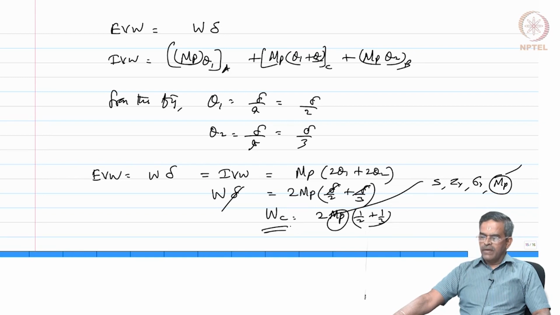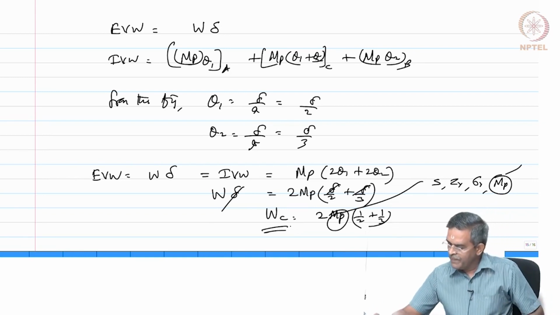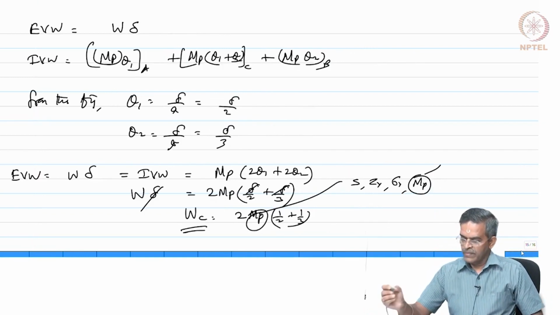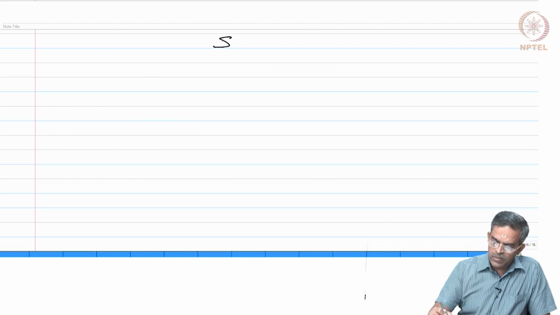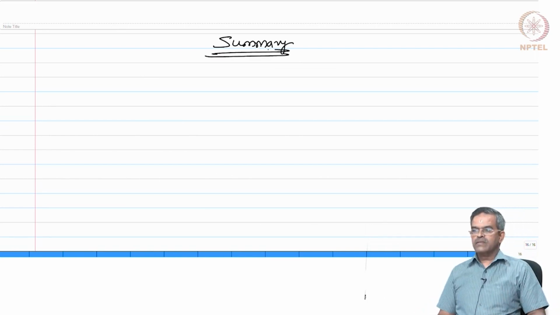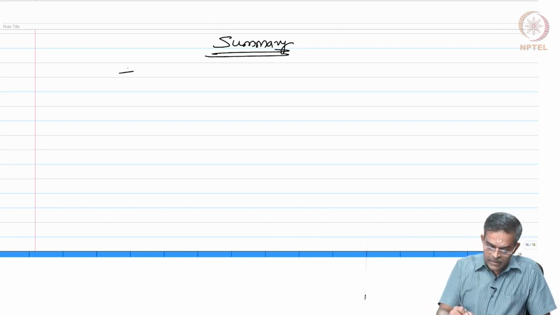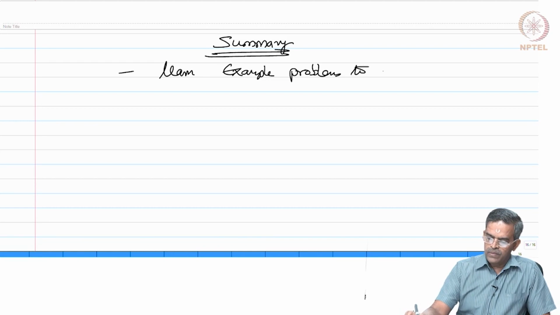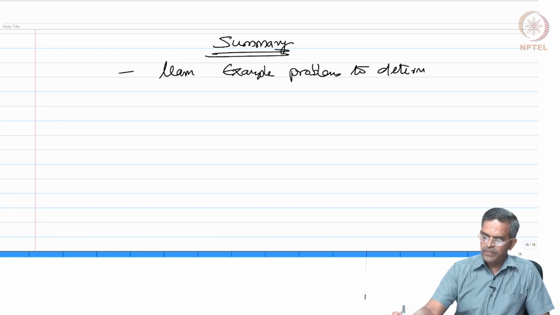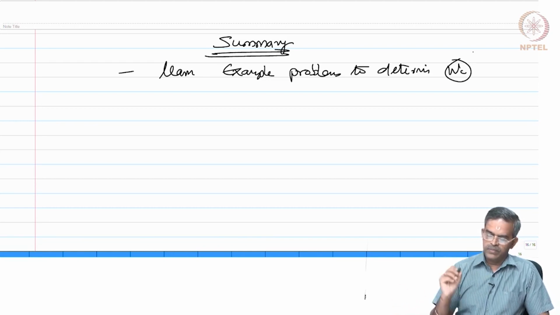Let us say I have, we will do a couple of more problems later. So, let us write down the summary of what we learned from this lecture. This lecture helped us to learn example problems to determine the collapse load.